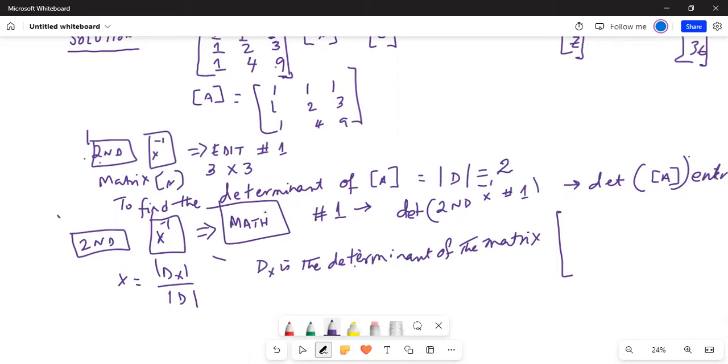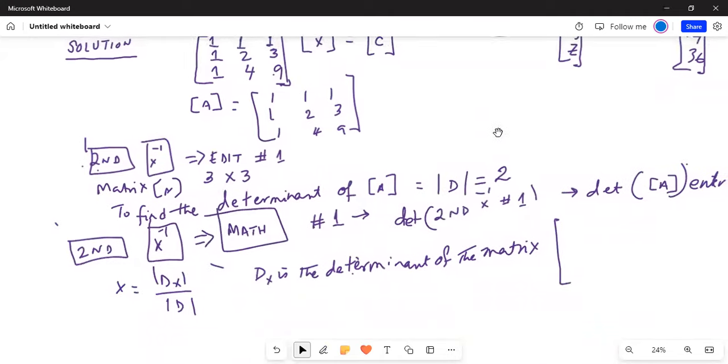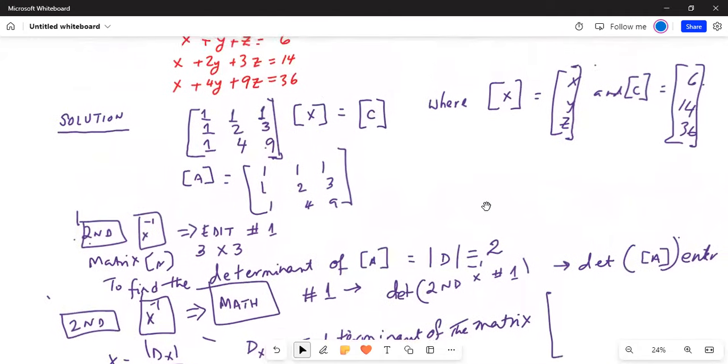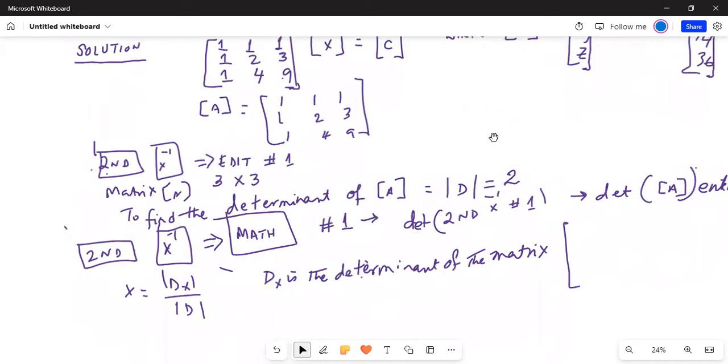Basically I have 6, 14, and 36 in the first column. So I'm replacing the first column in matrix A by 6, 14, and 36, and keeping the rest of the terms in the matrix the same: 1, 1 in the first row, 2, 3 in the second row, and 4, 9 in the third row.